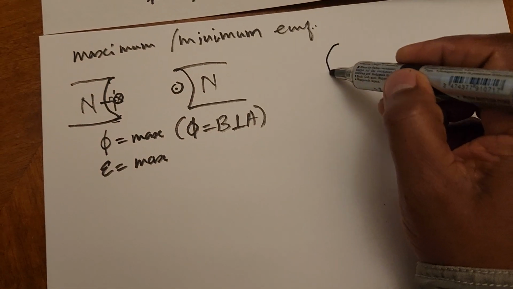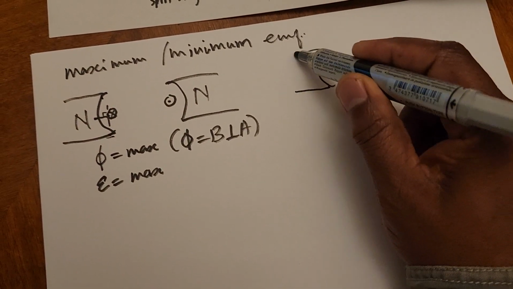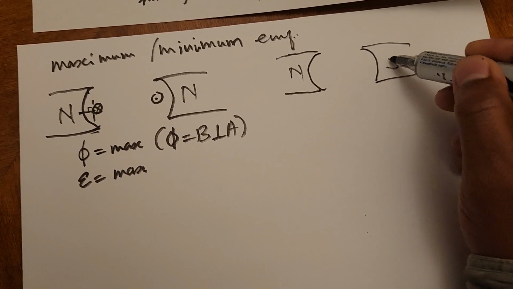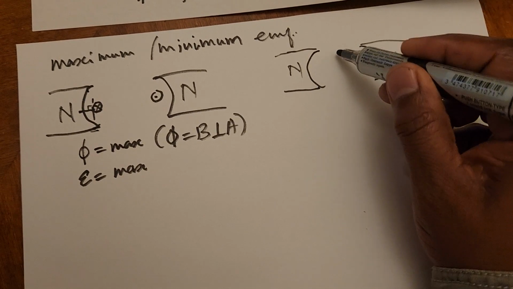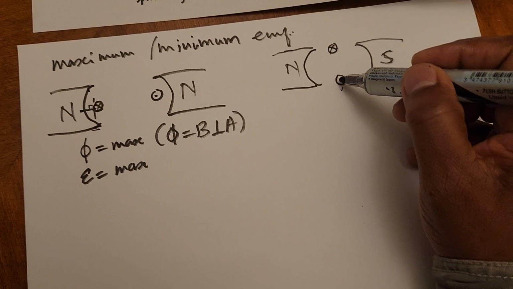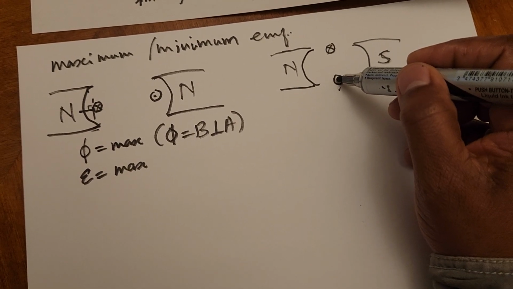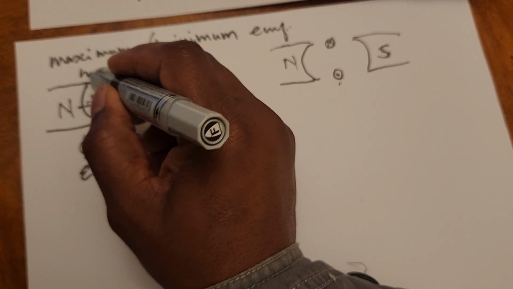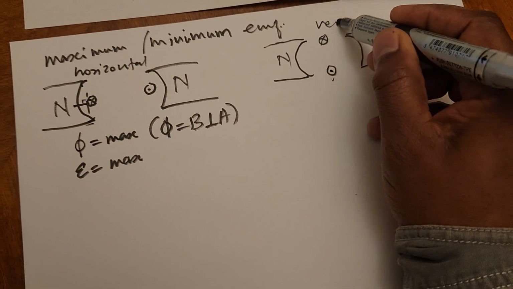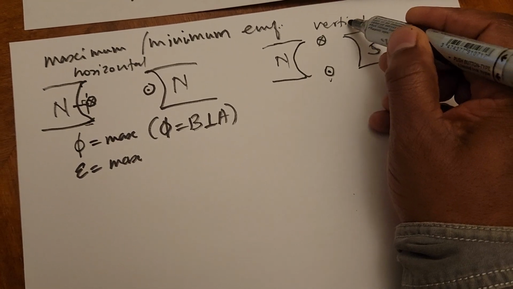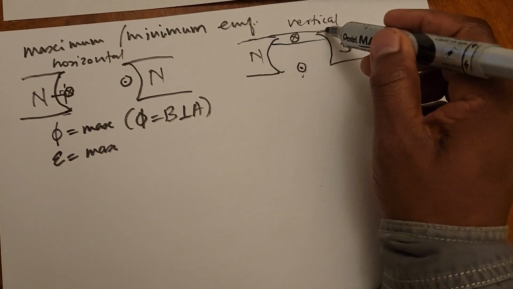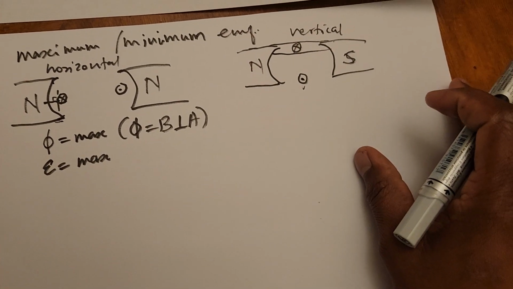Now, on the other side, we'll be having the North Pole and the South Pole, and we have a coil which is vertical. This one was horizontal, this one is vertical. When the coil is at the vertical position, the field will be parallel to the coil.